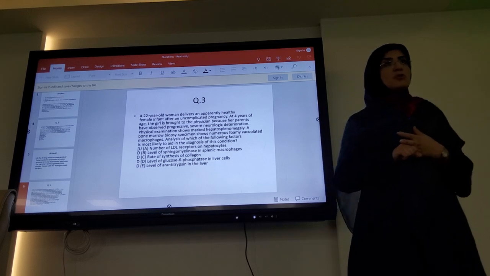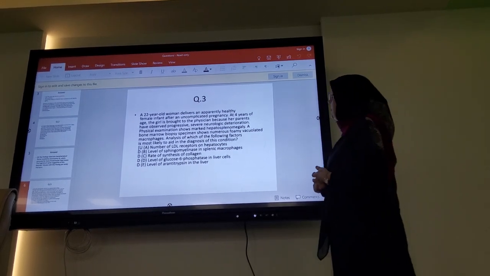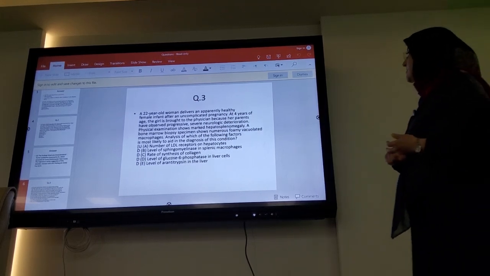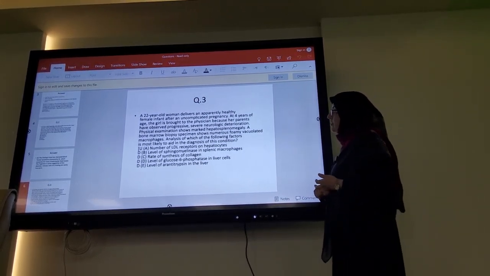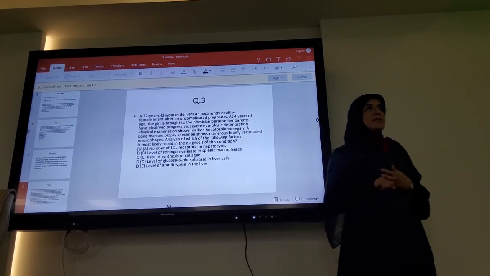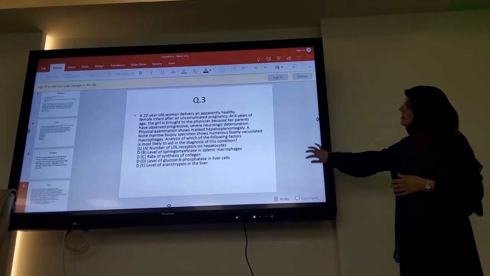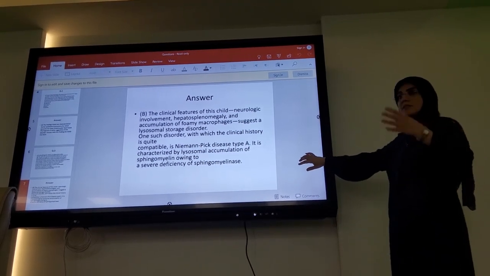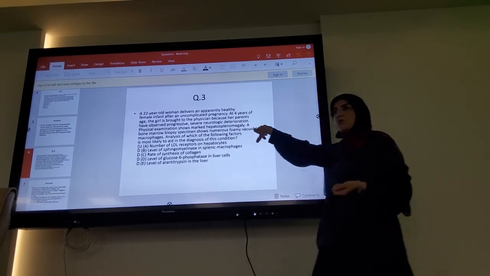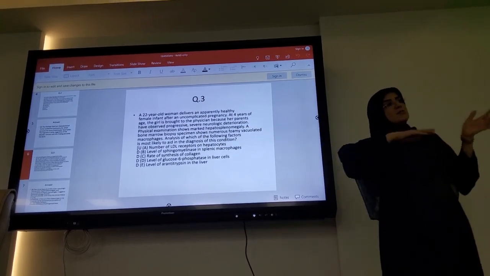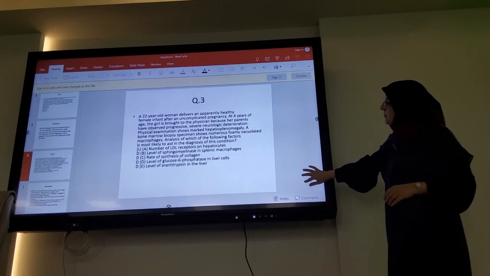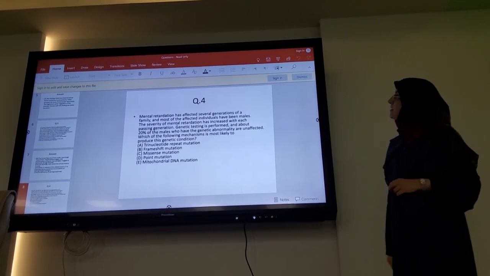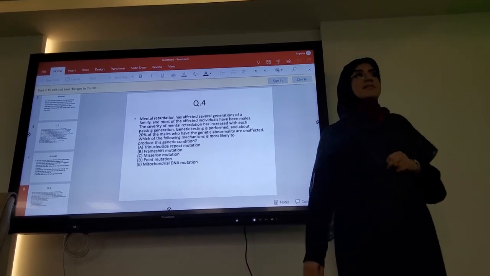Number of LDL receptors, level of sphingomyelinase, rate of synthesis of collagen. What's the disease? Niemann-Pick. You can see it is foamy vacuolated cells, so it is a lysosomal storage disease. So the answer is level of sphingomyelinase. Number 4.